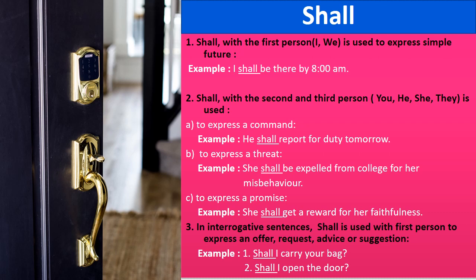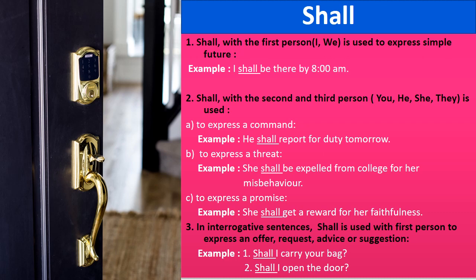Next point, shall with the second and third person. Second person is you, third person he, she, it, they is used, number 1, to express a command. For example, he shall report for duty tomorrow. So here a command is given. To express a threat.